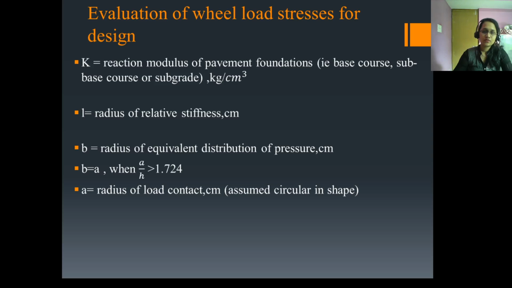B is the radius of the equivalent distribution of pressure. So B equals A when A upon H is greater than 1.724.